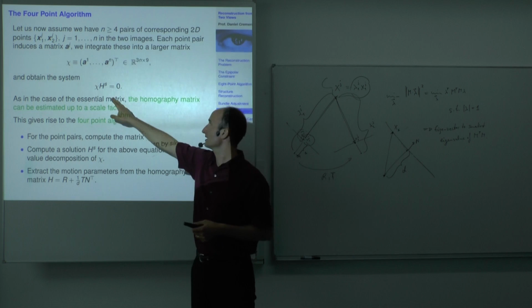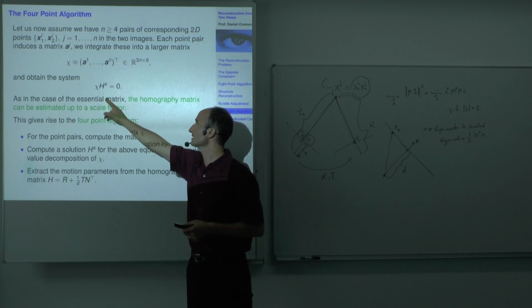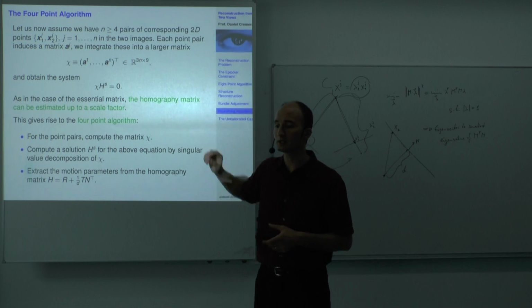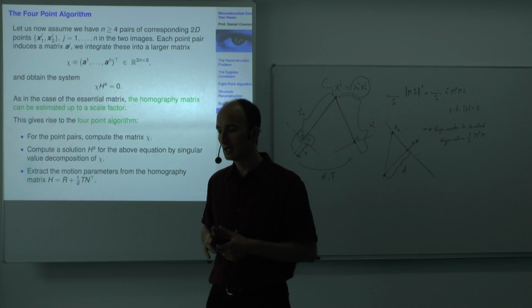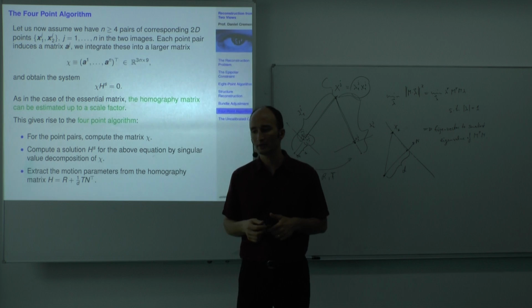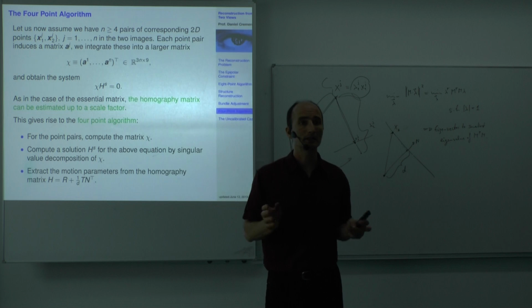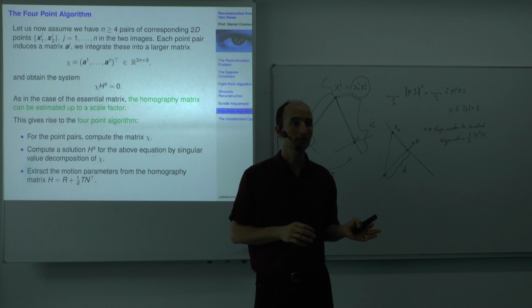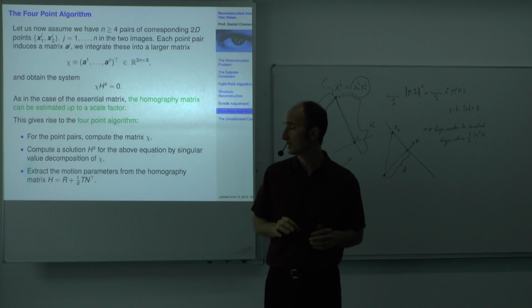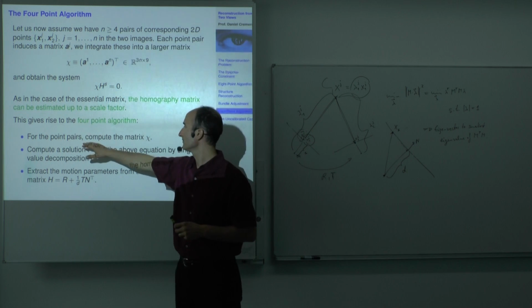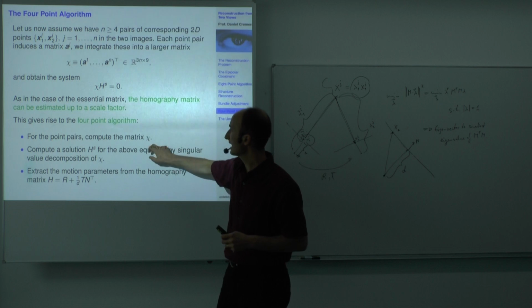And so this says that the homography matrix stacked as a column, 9-dimensional column vector, is in the null space of this matrix chi. And then I can do singular value decompositions. And so the 4-point algorithm is quite an analogy to the 8-point algorithm, but for that constrained case of planes. And it amounts to computing for the point pairs the matrix chi.